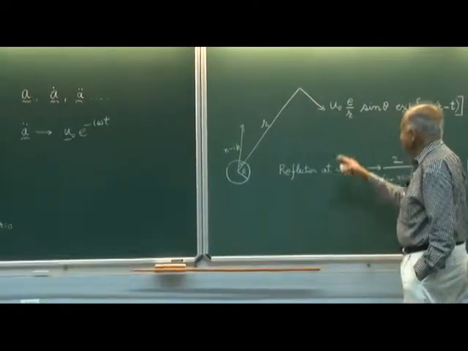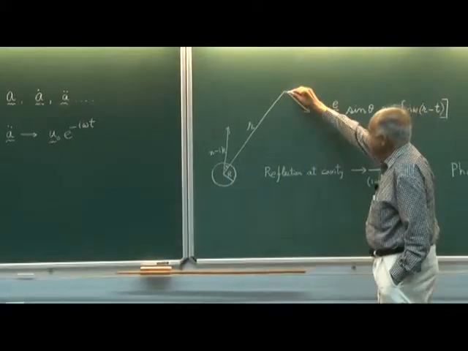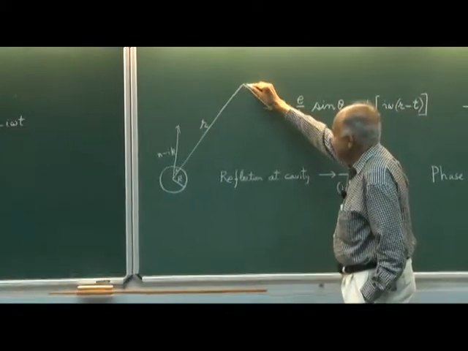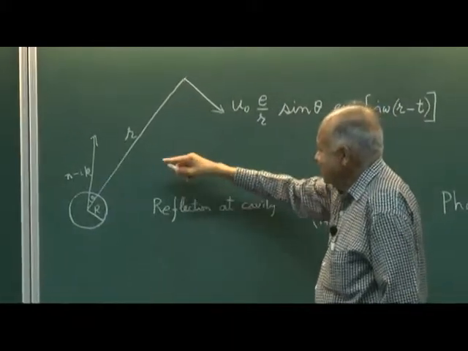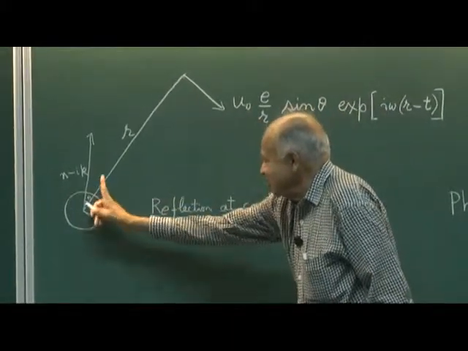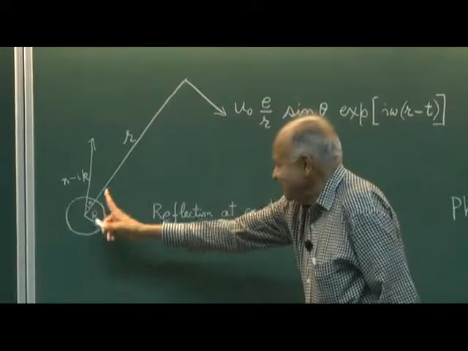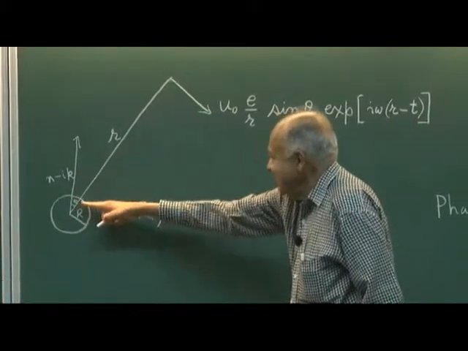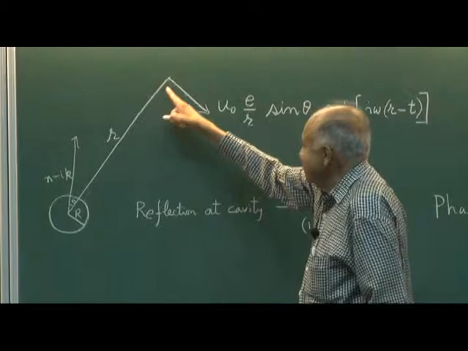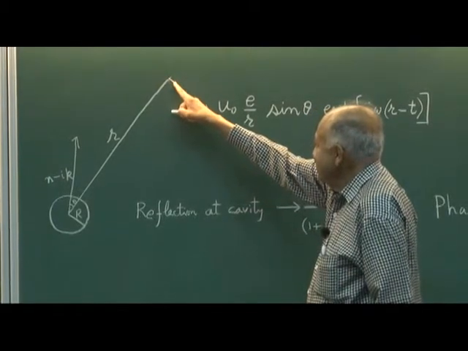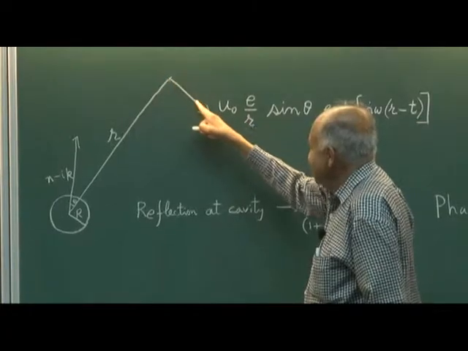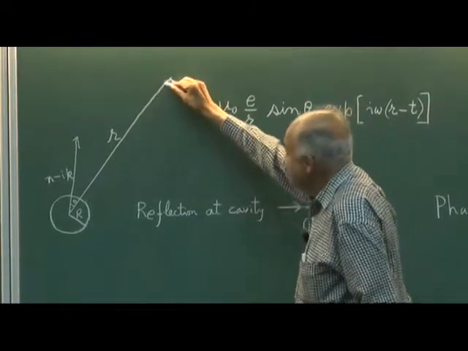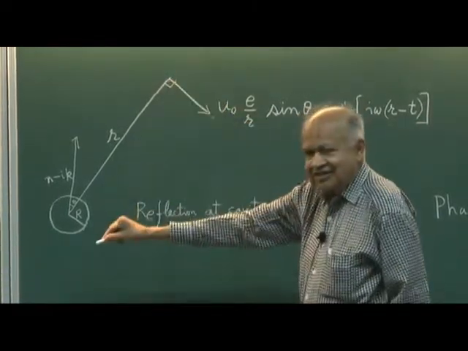Now, the result from ordinary electrodynamics tells you that if the charge is oscillating or accelerated in this direction, then in a direction theta you will find the electric field to be in this direction, perpendicular to the radius vector.